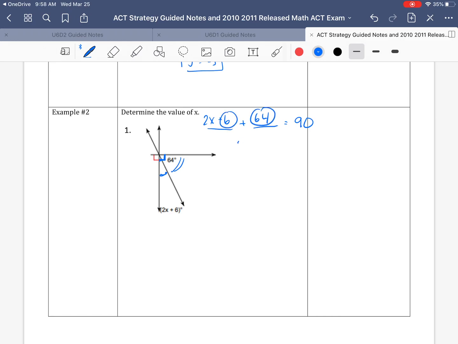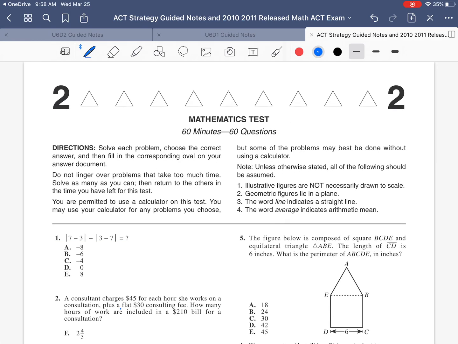So I can combine my like terms here. I get 2x plus 70 equals 90. And then inverse operations, 2x equals 20, and then divide on both sides, x equals 10. And that's my answer, because that is the value of x. All right.